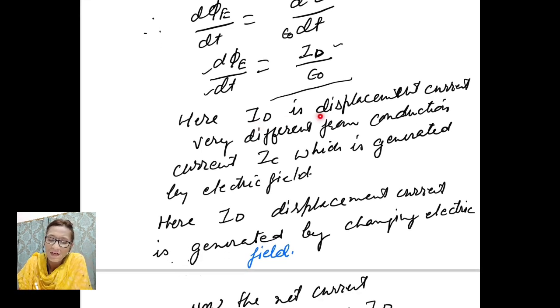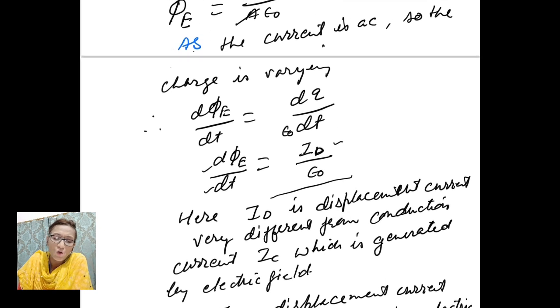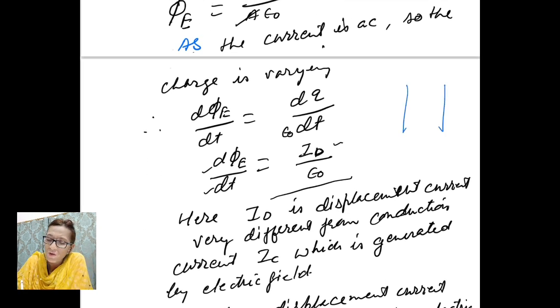Here a current is obtained inside the capacitor, and it is different from conduction current. A current that flows through a conducting wire is called conduction current, and a current which is in the space of the capacitor, a current has generated here, developed here.